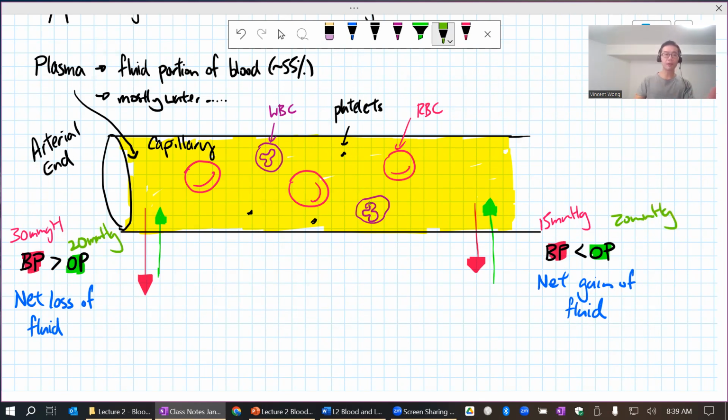So if you do the difference between 30 and 20, it's 10. But on the venous side, the difference between 15 and 20 is only 5, which means you are losing more fluid than you are able to bring in, right? You're bringing things in, but not all of it. That's the problem, right?